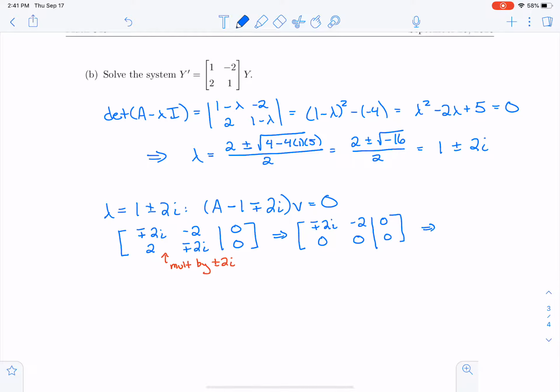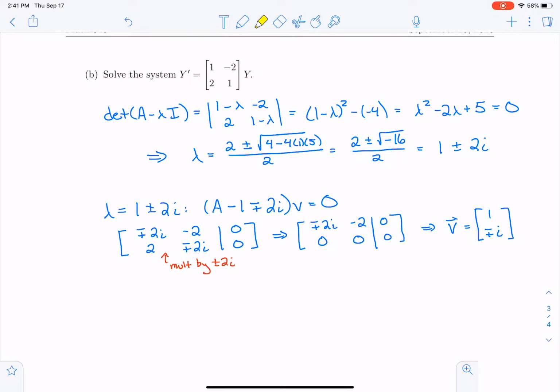Okay, so what's my eigenvector going to be? Well, what I'm going to do is start with the second component, and I'm going to get it to match. There's already a negative 2 there, so if I multiply that by a negative or positive i, and then I multiply the first component by 1, then that indeed is going to be the eigenvector.